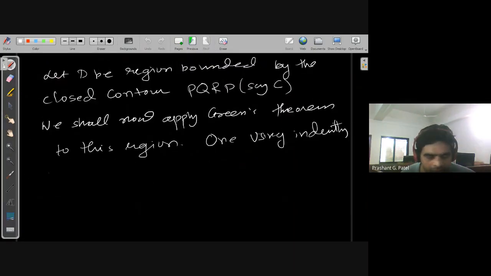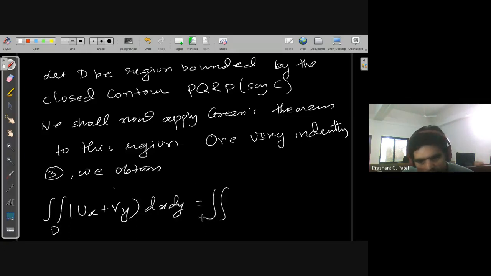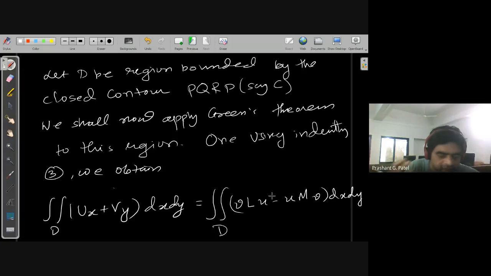Using the identity 3, we obtain double integration over D of ux plus vy dx dy. As per 3, this is equal to double integration over D of vLu minus uLv dx dy, and using Green's theorem.